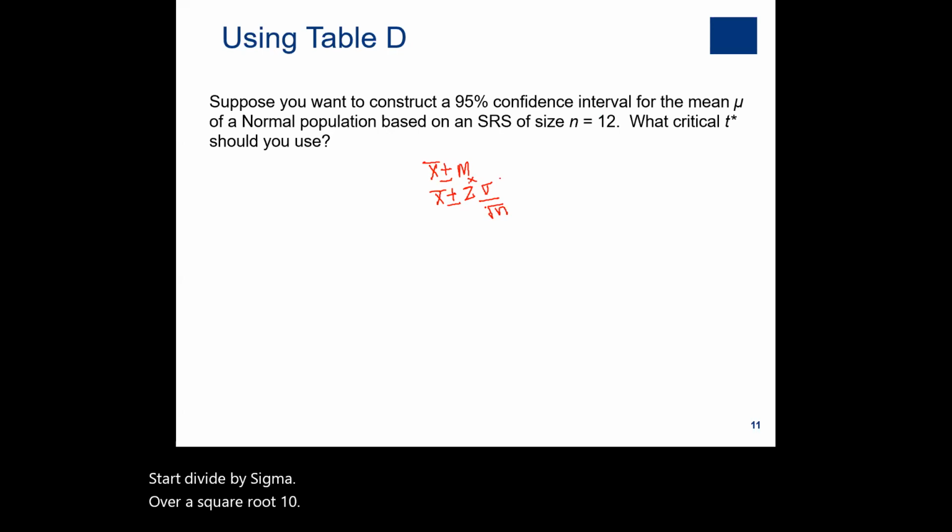Just a reminder, when sigma is known, we use Z.